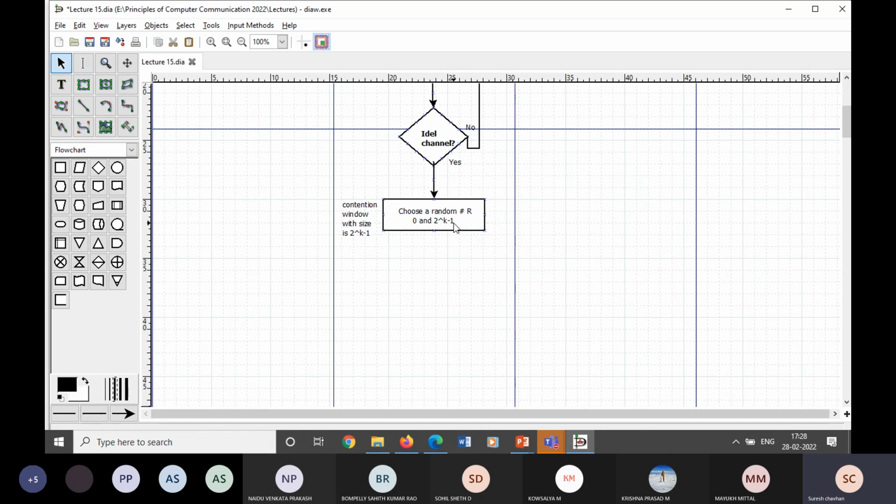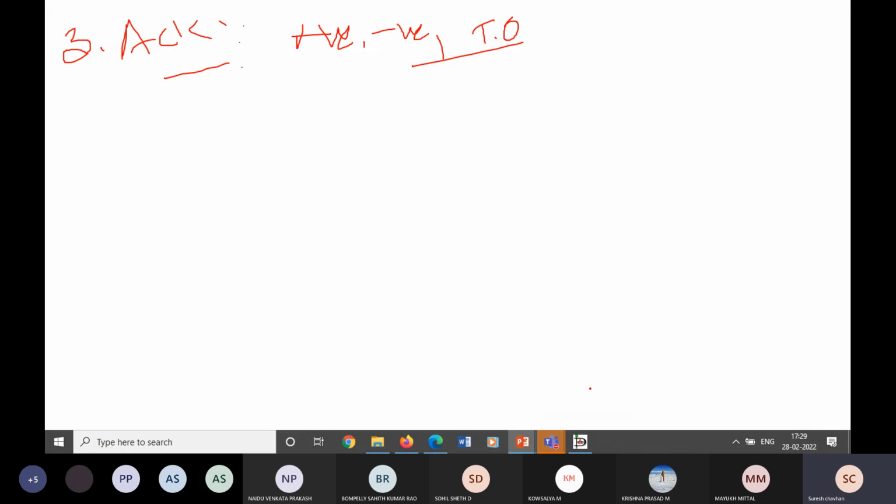After choosing the random number R in this range, the station has to wait for whatever random number it has chosen, so we can write it as wait R slots.